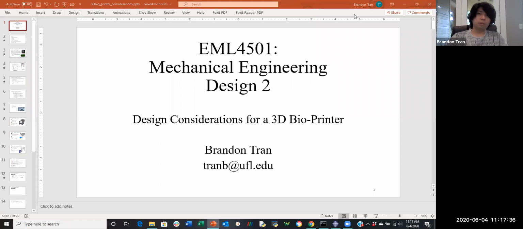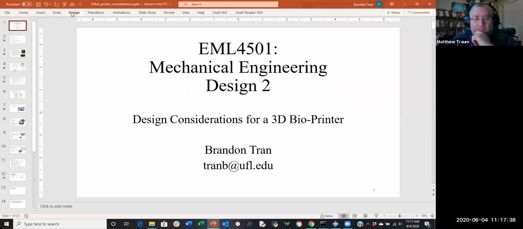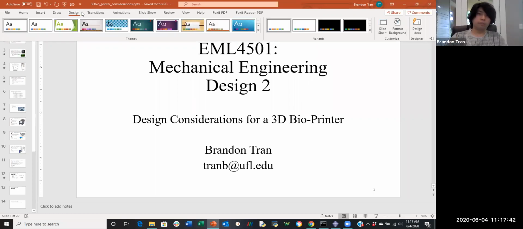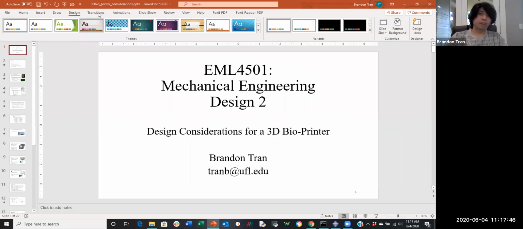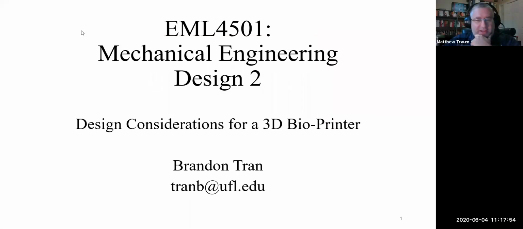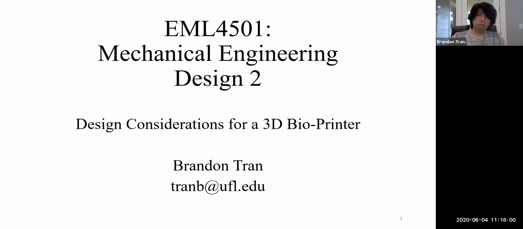It is really hard to get into the slides, because the UI for Zoom is in the way. There we go. Okay, start again. I just had a question come through chat about whether the slides will be posted. After we're done, we'll put them up on Canvas.